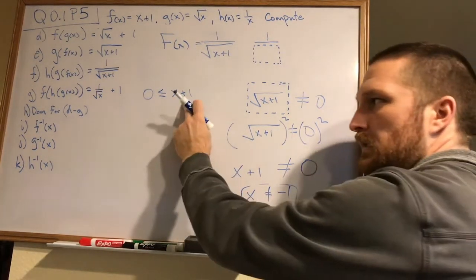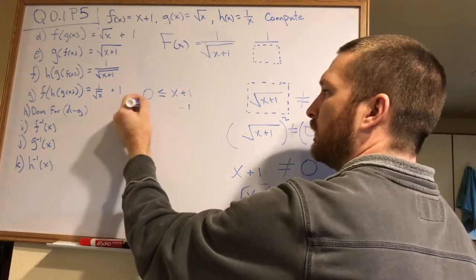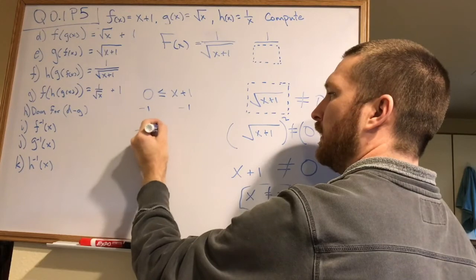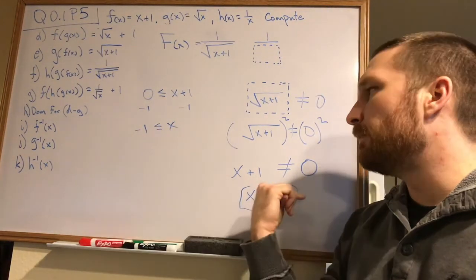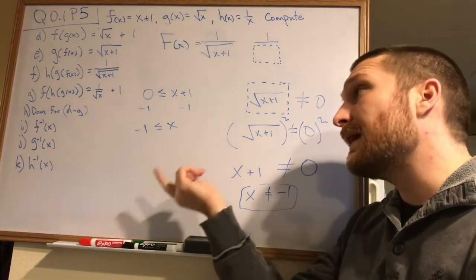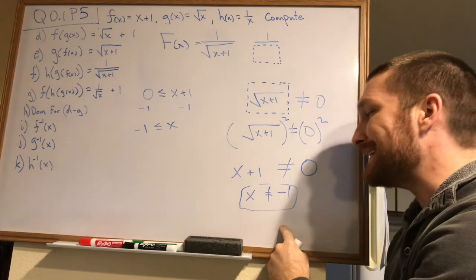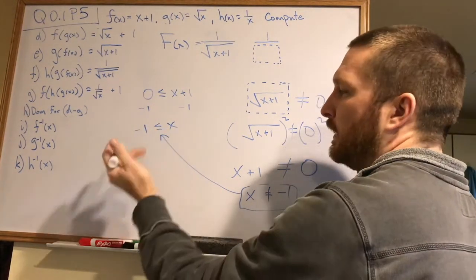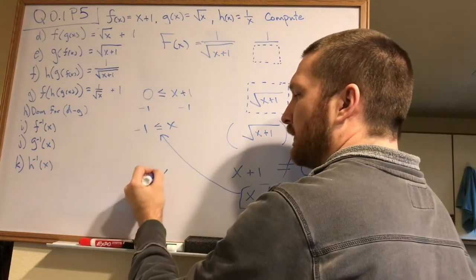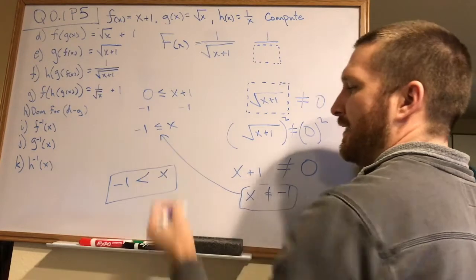But we also have this restriction right here, which we know from earlier. So this says that x has to be bigger than or equal to -1, and this says it cannot equal -1, and so we're going to have to drop that equality there and just have that.